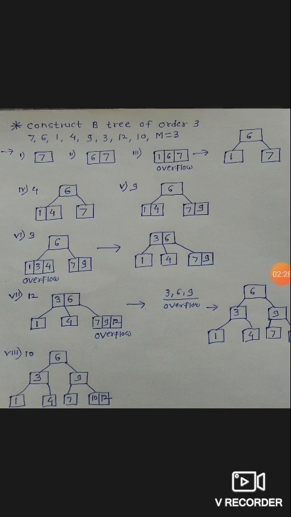But we know the capacity of a node is 2. Now there are 3 keys, therefore we can say there is overflow. We pick up the central key value which is 6. We create a new node which has the central data, so it becomes 6.